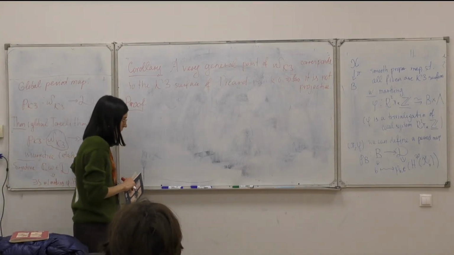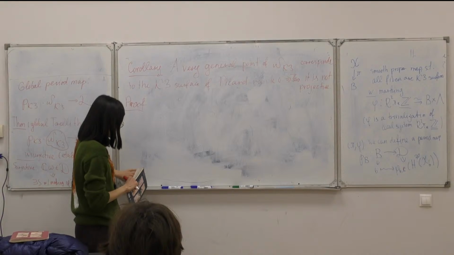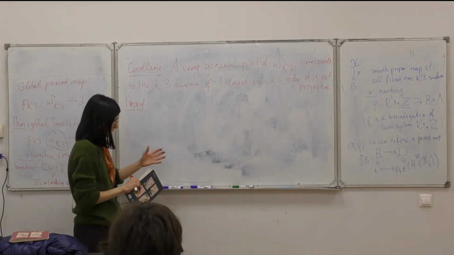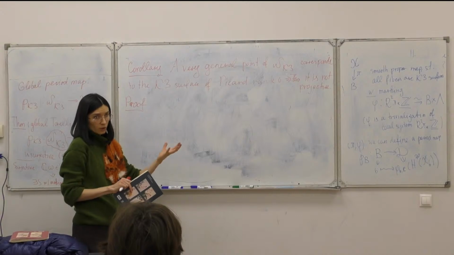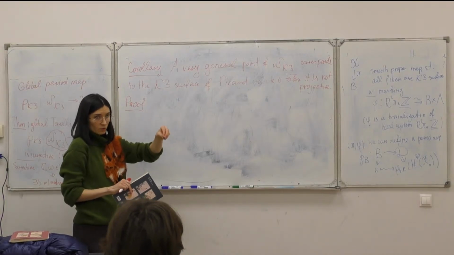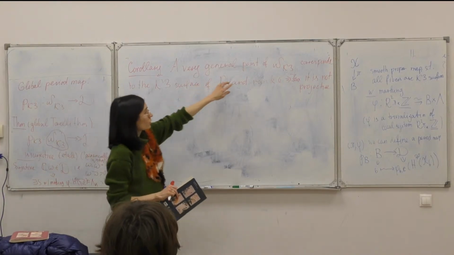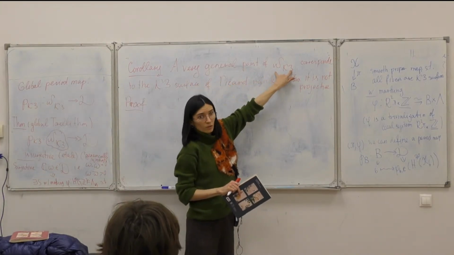When we say general point, first of all we usually assume that we talk about something connected, right? So we take a connected component and take a general point there. Here we don't assume that something is connected.